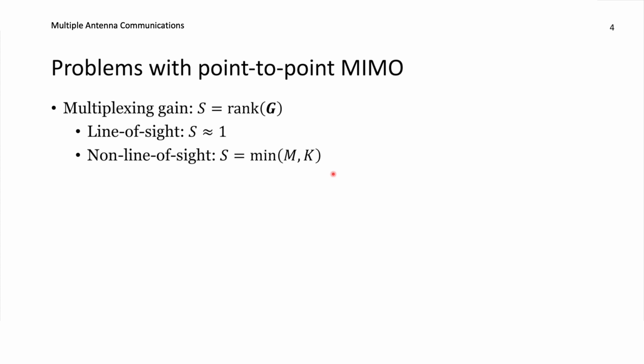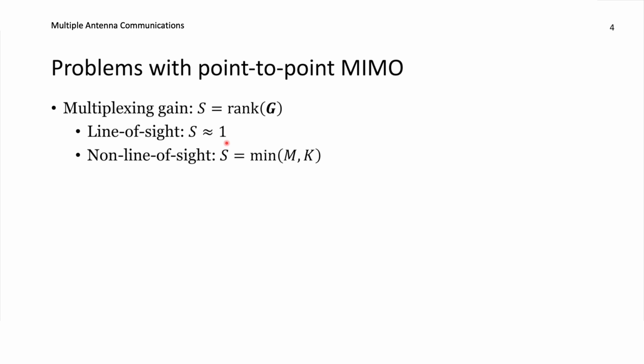What are then the problems with point-to-point MIMO that I was mentioning earlier? Well, the main benefit of point-to-point MIMO is that if S is the rank of the channel matrix, then we can spatially multiplex S signals at the same time. At best, that gives us a roughly S times larger capacity than in the SISO case. But in the line of sight cases, we saw in the last lecture that the channel has a rank equal to 1.